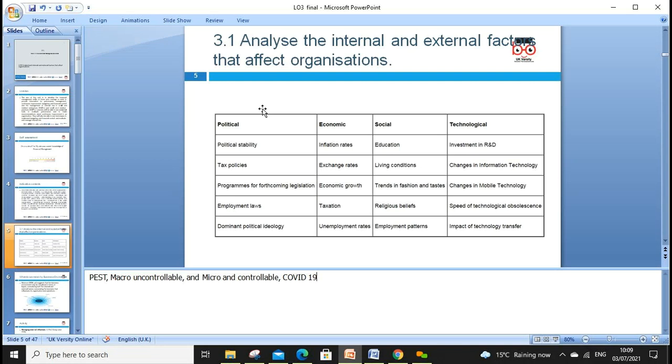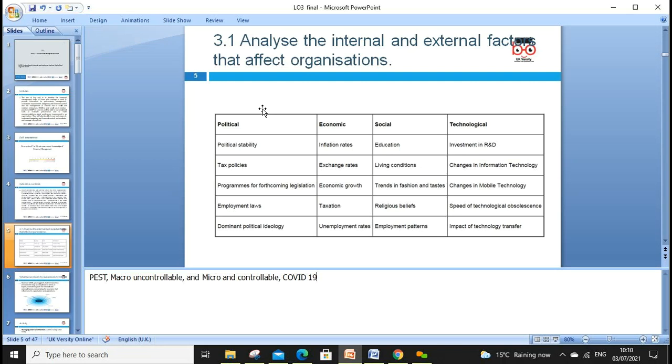So you can think about your own organization. Is there any benefit you think, or any funds which your organization, wherever you work, can get, any government policy?